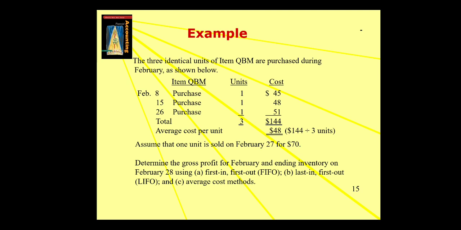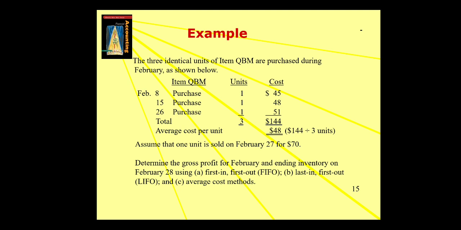The third purchase on 26th of February is 1 unit, the cost is $51. The total purchases are 3 units, and the total cost for these 3 purchases equals $144. How to get the $144? $45 plus $48 plus $51 equals $144.